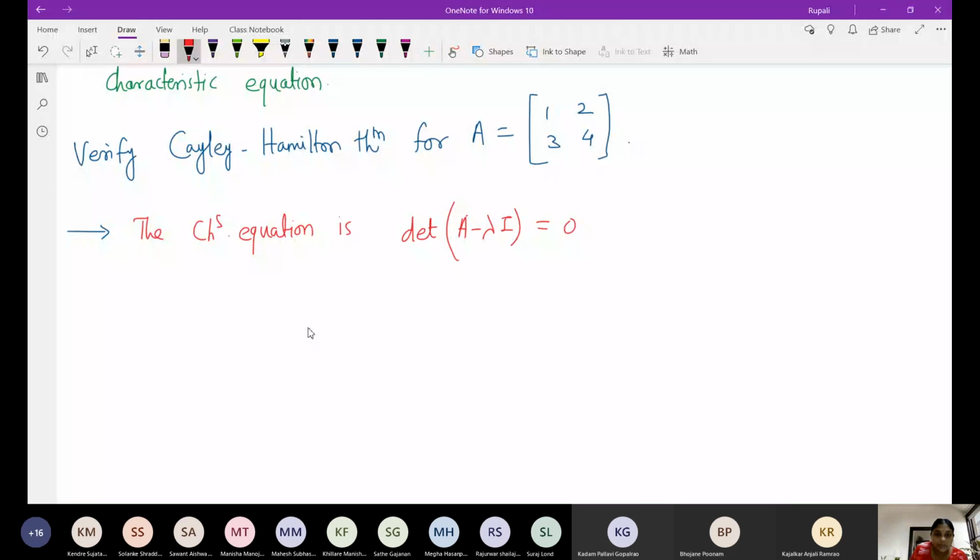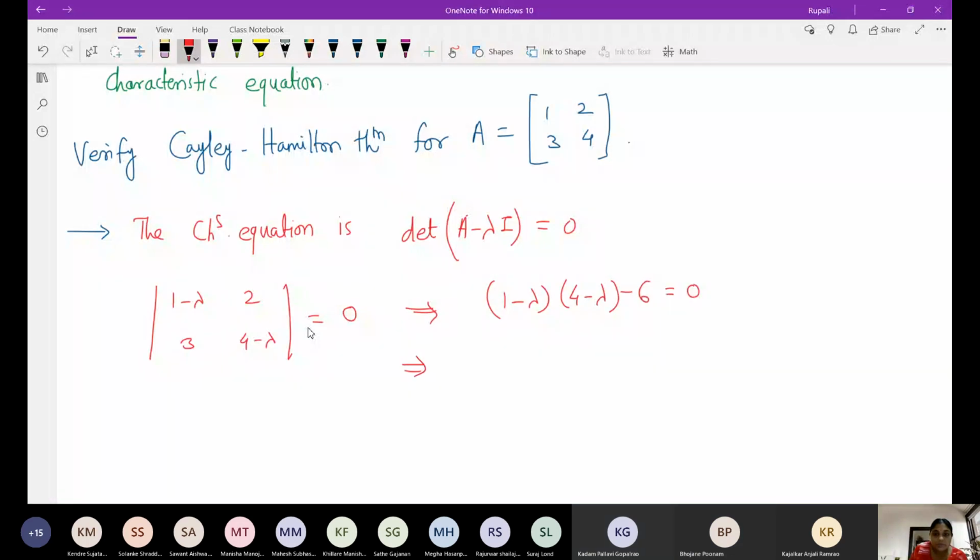So determinant of A minus lambda I, with rows (1 minus lambda, 2) and (3, 4 minus lambda), is equal to 0. What is the characteristic equation? (1 minus lambda)(4 minus lambda) minus 6 is equal to 0.